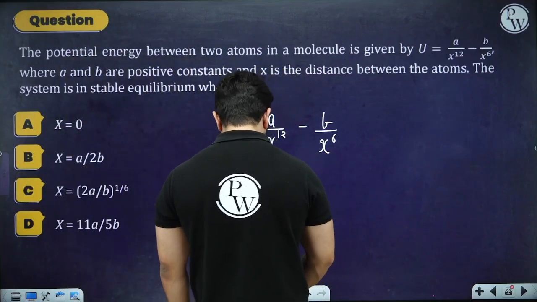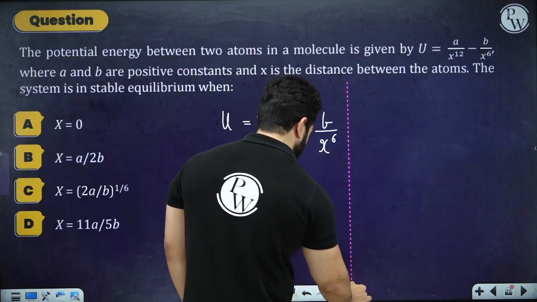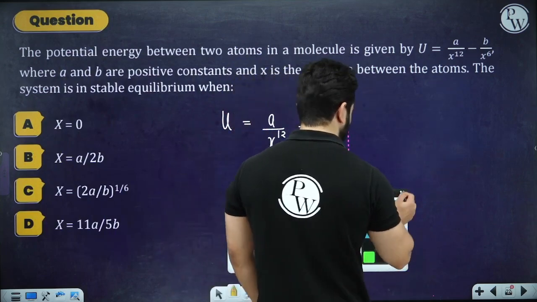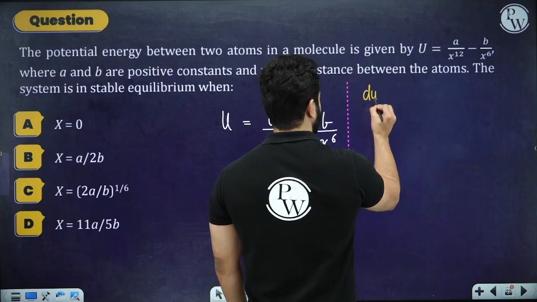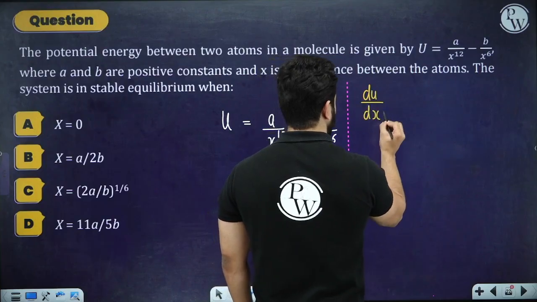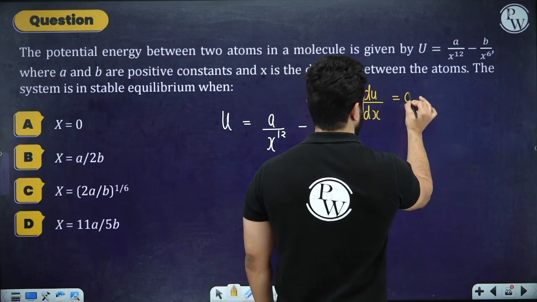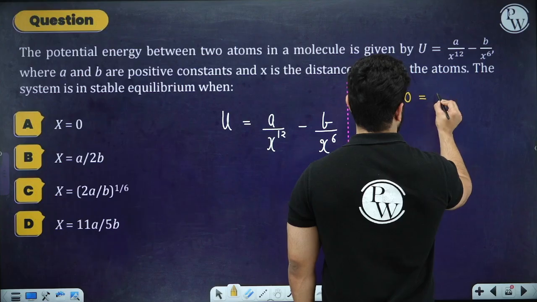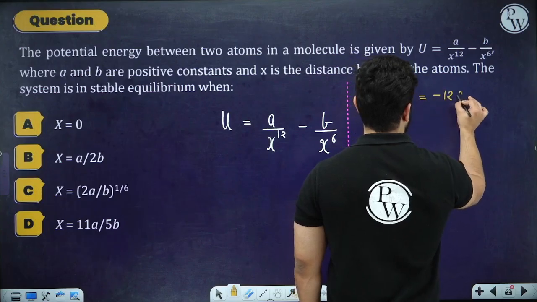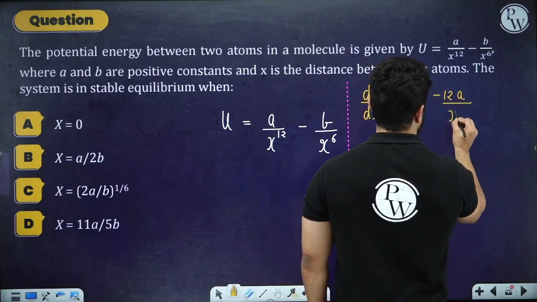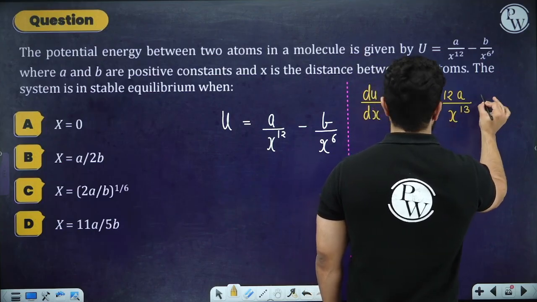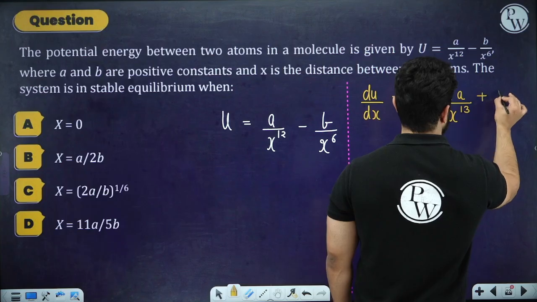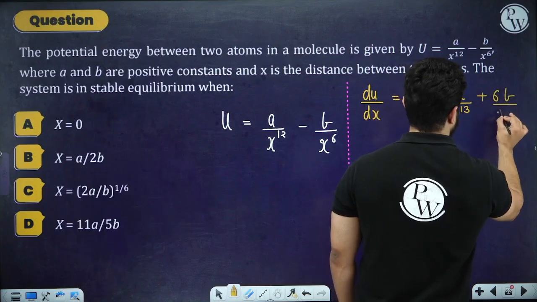So for it to be in stable equilibrium, the first thing that we must do is differentiate U with respect to x, and we must equate it to 0. So with this we are going to get minus 12 A by x to the power 13 plus 6 B by x to the power 7.